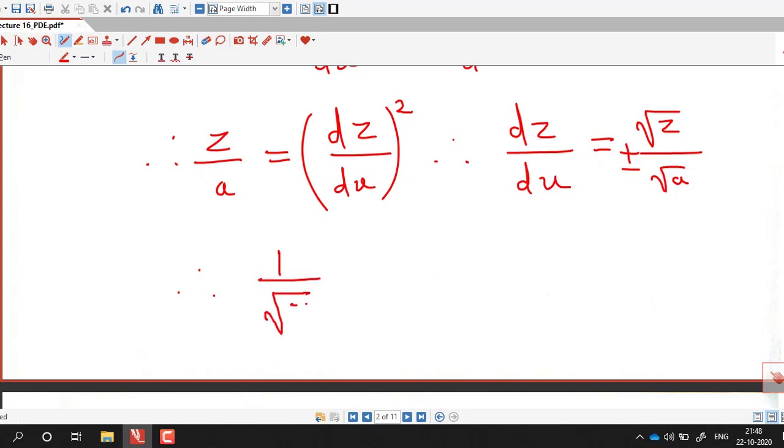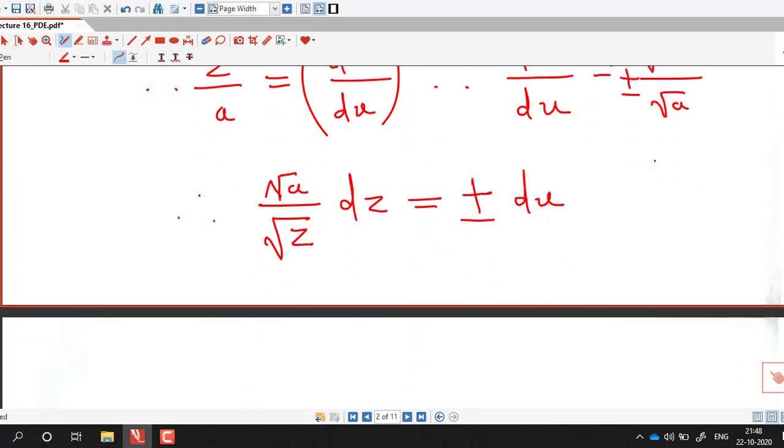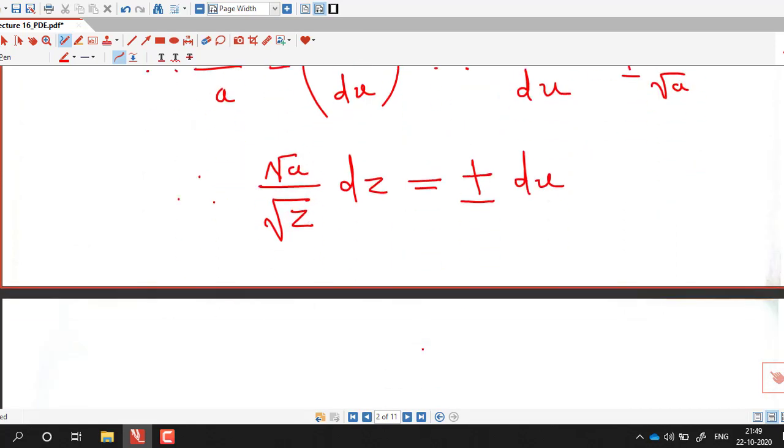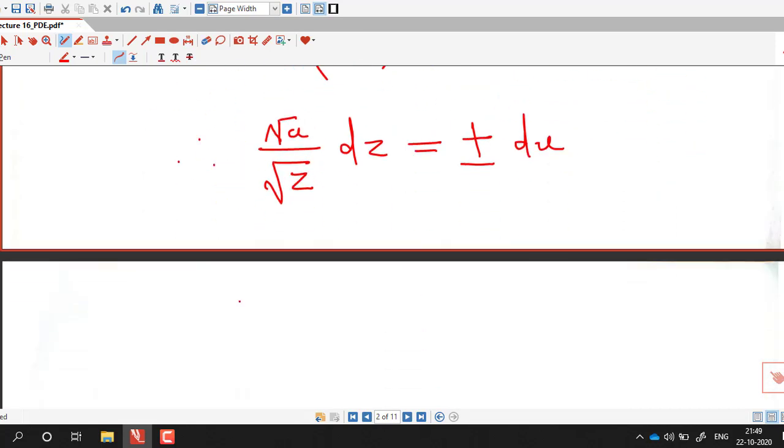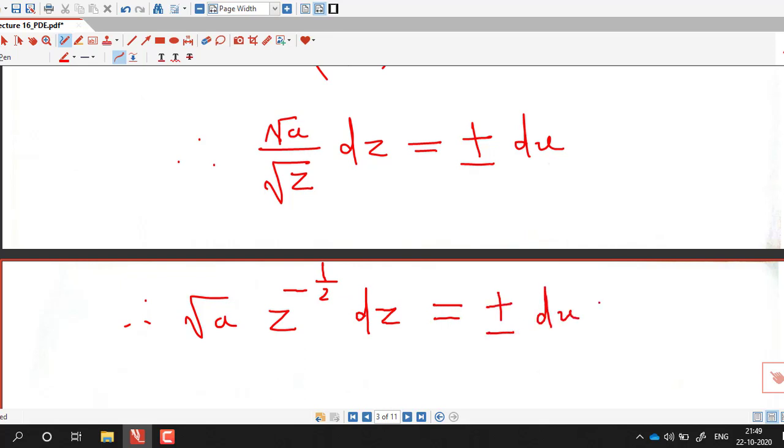We consider 1 by under root z with dz, and we can take this under root a constant on this side also. That is our choice. We can either put under root a here or on the left hand side because it is constant. So this is now separable in z and u, and this I rewrite as z to the power minus 1/2 dz equal to plus or minus du.